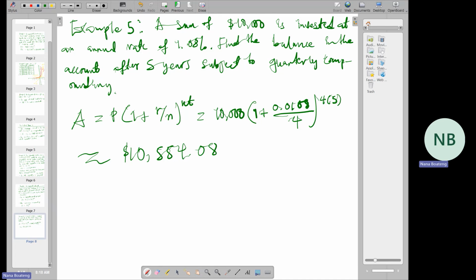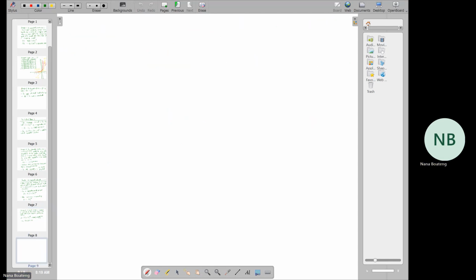All right, let's look at another example. So this should be our example 6. It's the same as example 5, but now we are going to compound it continuously.